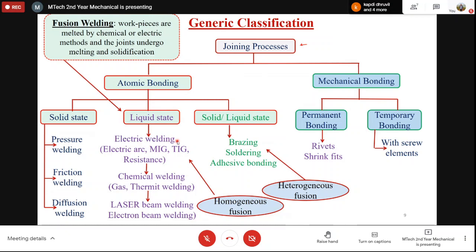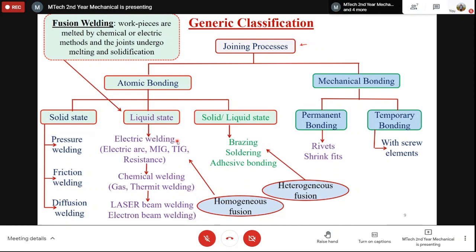But if you don't want to raise the temperature of the material up to its melting point, then you can do brazing. In brazing or soldering, we are not melting the parent metal. We are just adding some filler metal. The filler metal is raised to a temperature where it melts, and then it is deposited in the gap where we want to join the material.